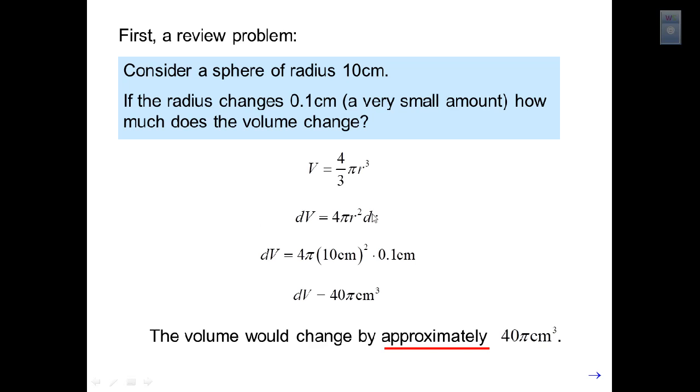We're treating dr, which is supposed to be an incredibly tiny amount, but 0.1 centimeters is not. So the larger that gets, the more inaccuracy you add to it. So we're finding that this is an approximation, so it's changing by approximately 40 pi cubic centimeters. And that's what happens when we do a differential.